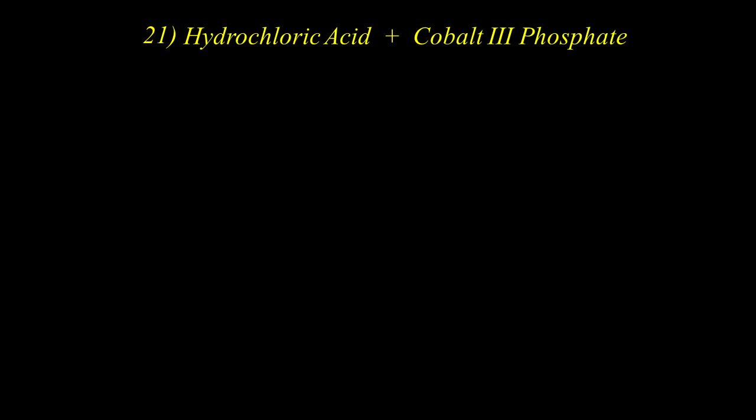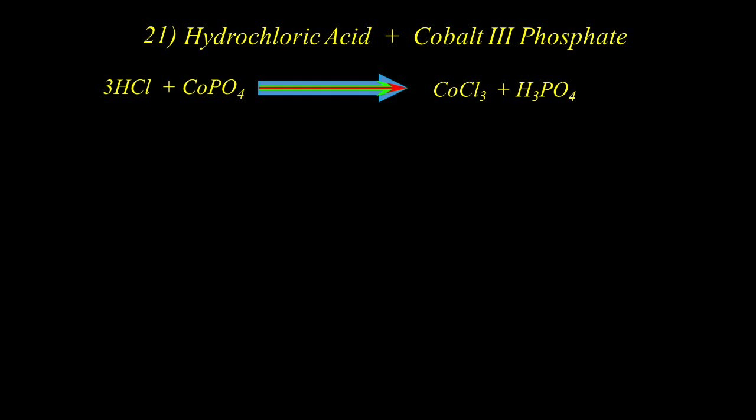So here we have a strong acid, hydrochloric acid, plus cobalt 3 phosphate, the salt of a weak acid. Okay, so what happens is the hydrochloric acid will mix and you'll produce the cobalt 3 chloride plus phosphoric acid. And the phosphoric acid is a weak acid that'll break down into diphosphorus pentoxide plus water.